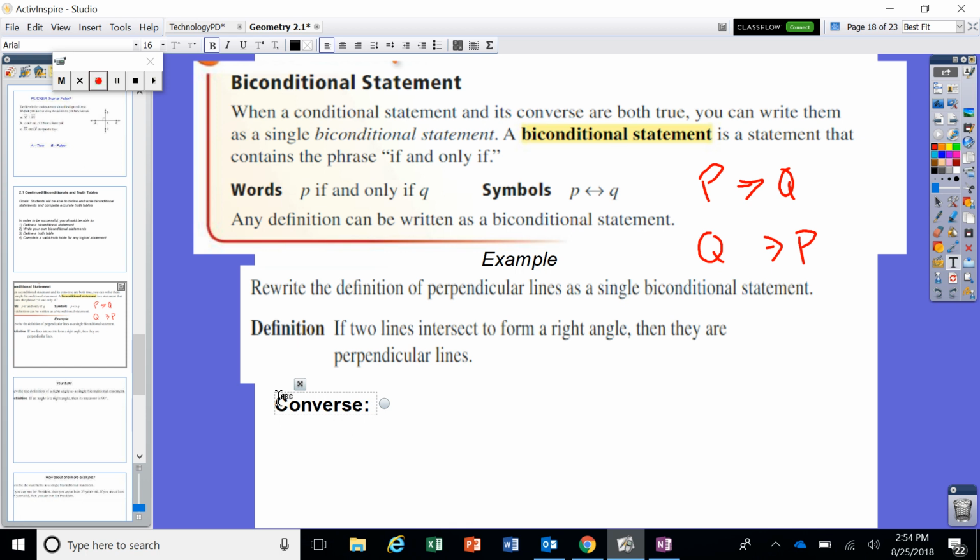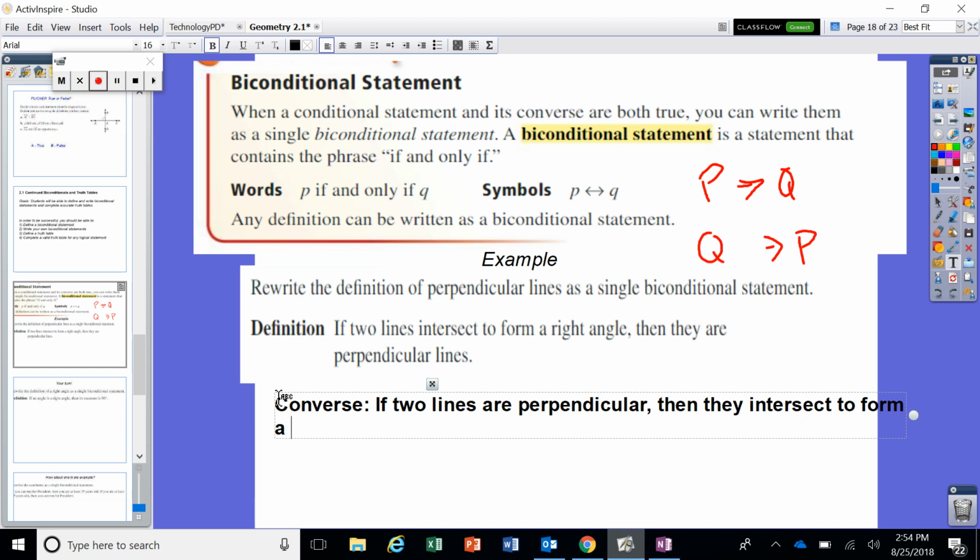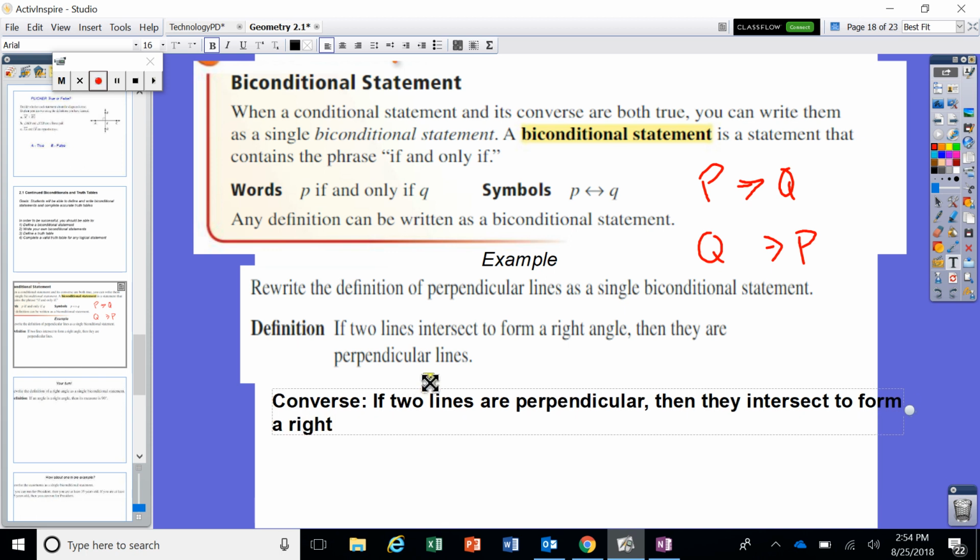So the converse of this particular example would be if 2 lines are perpendicular, then they intersect to form a right angle. Keep it consistent, all right? So that is the converse.